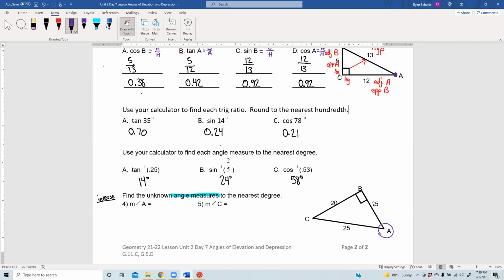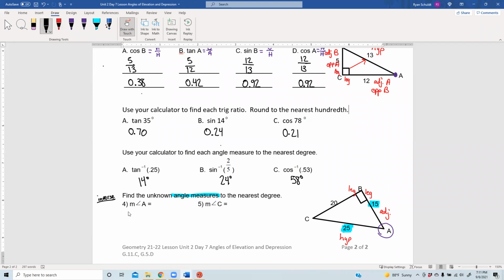So I'm going to do, let's see, what do I want to do? I want to do 15 and 25. So here's our legs out here. 15 is which leg to angle A? It's going to be our adjacent leg. 25 is the hypotenuse. So which one of our trig ratios uses adjacent and hypotenuse?